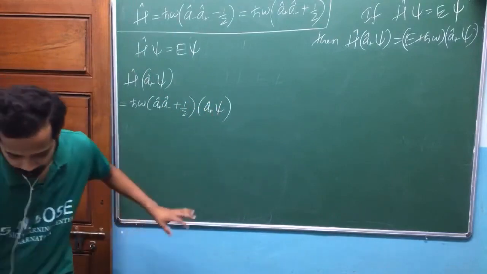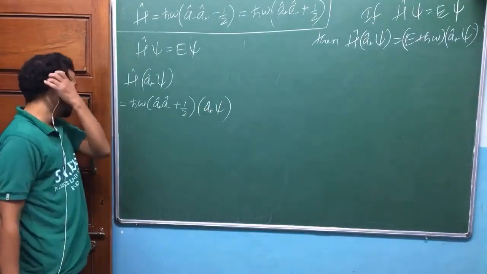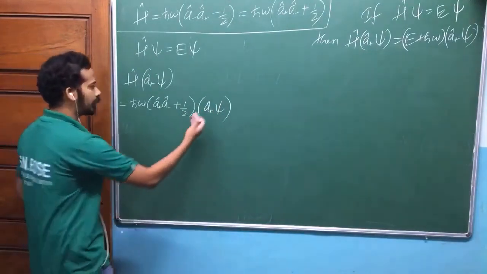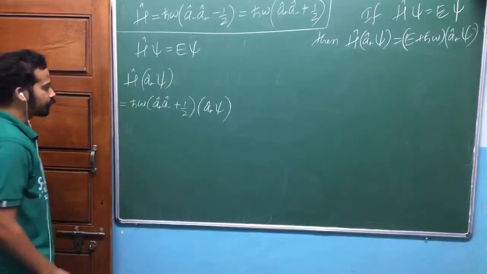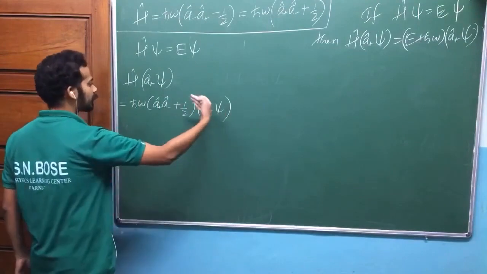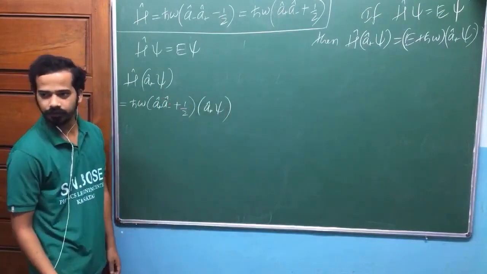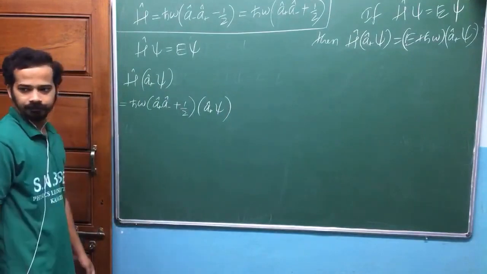Now what I am going to do here is some manipulation. But before doing manipulation, I'll take this a plus cap inside. So now look at here. A plus cap is on the right side, isn't it? We can multiply it from the right side actually. In case of operator algebra, you should do like this. After some practice, you may get much more idea.